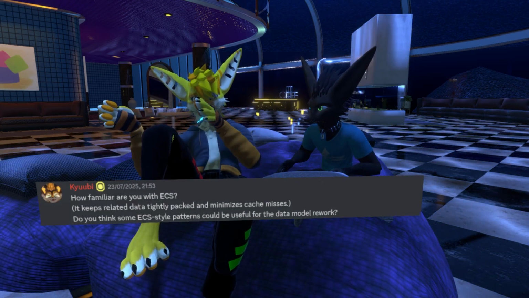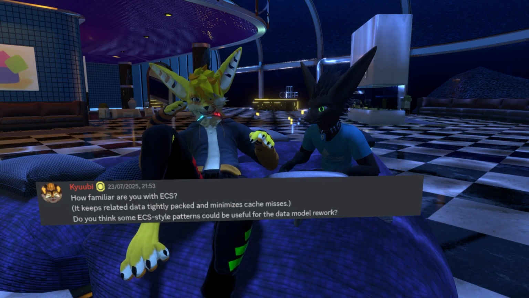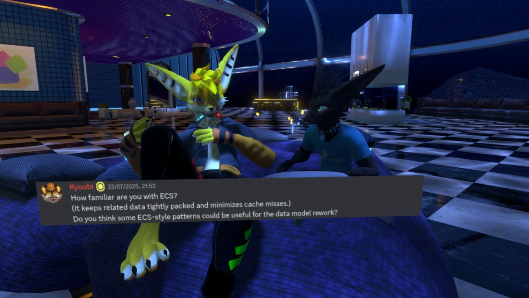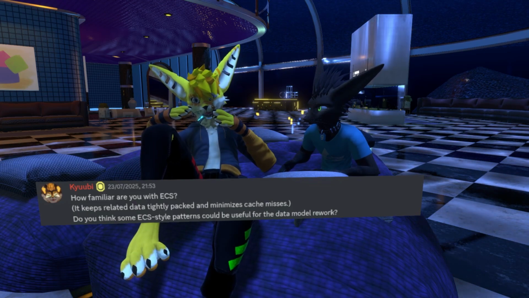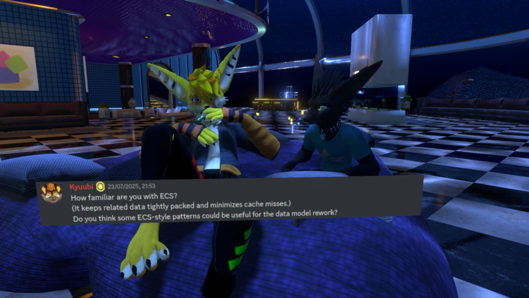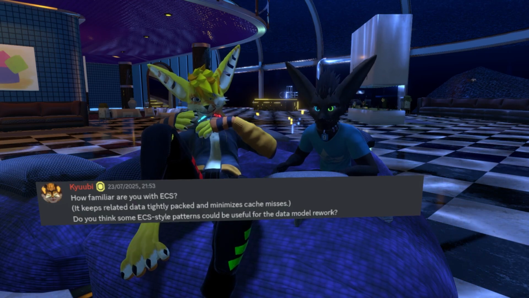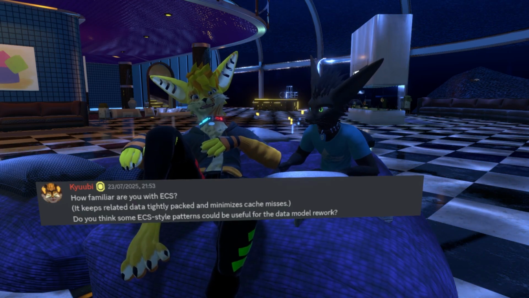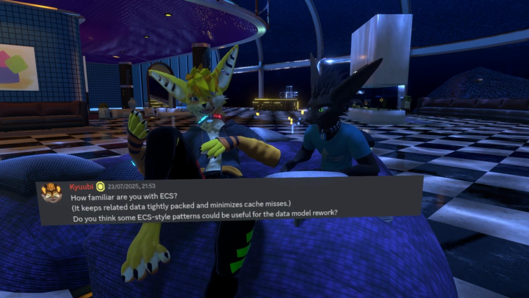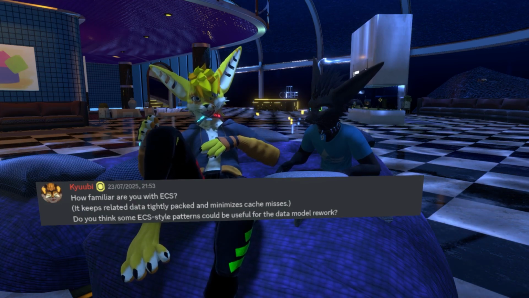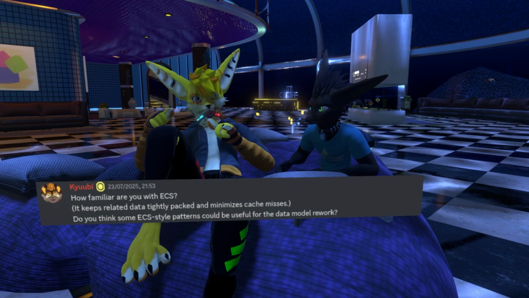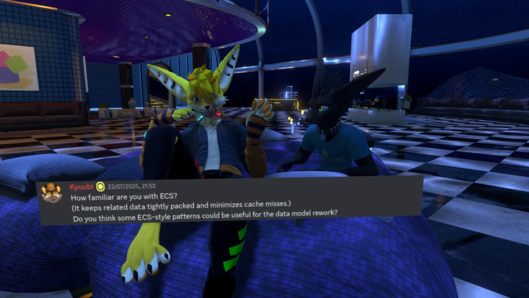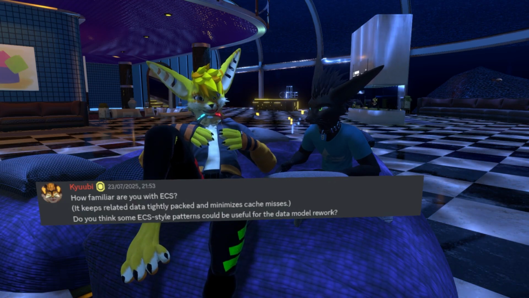But you don't always have a lot of the same thing, and there's lots of behaviors that might have conditional behaviors, or just more heterogeneous composition. So what we'll probably end up having is a more hybrid system, where some components register themselves with some sort of ECS system, and handle their updates that way.